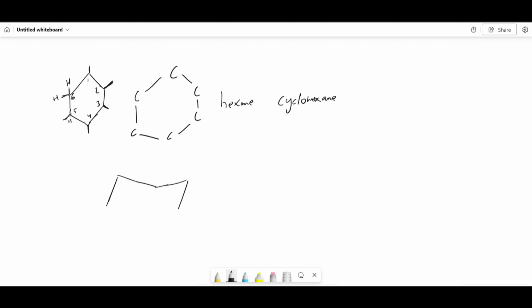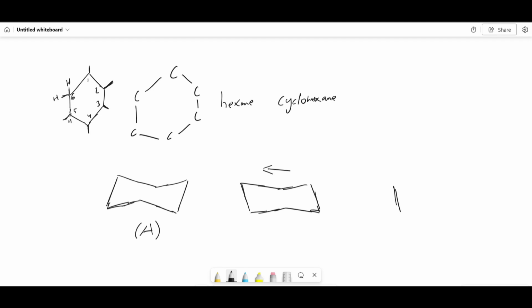So I normally like to label this one as A, since it's tilted and facing towards the right. And then you could have another chair. This will be your other chair flip or chair diagram, which basically faces the left.